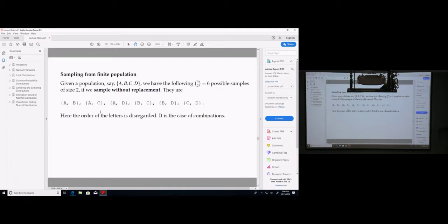Okay, sampling from finite populations. So suppose I only have 4 of them, and I will be able to pick 2 from all of them, all right? So these are all the 6 possible samples of size 2 if we do sampling without replacement, since the order of the letters is disregarded.